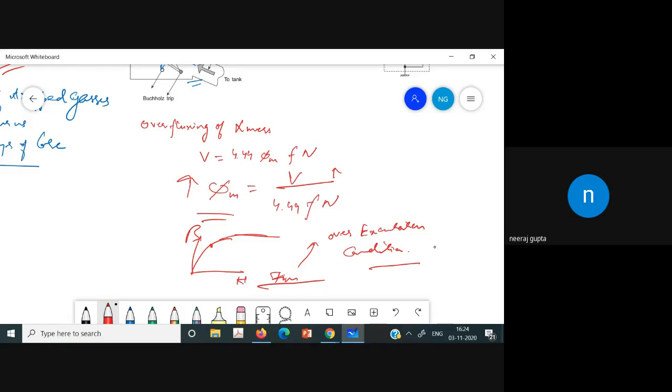One more point: if the core is saturated, it causes the flux to flow in the adjacent structures of the transformer, and it causes high eddy current losses in the core and adjacent conducting material. So the eddy current losses would be high.